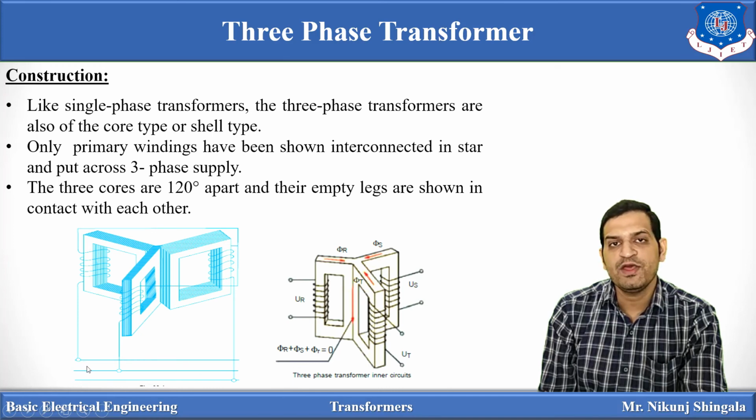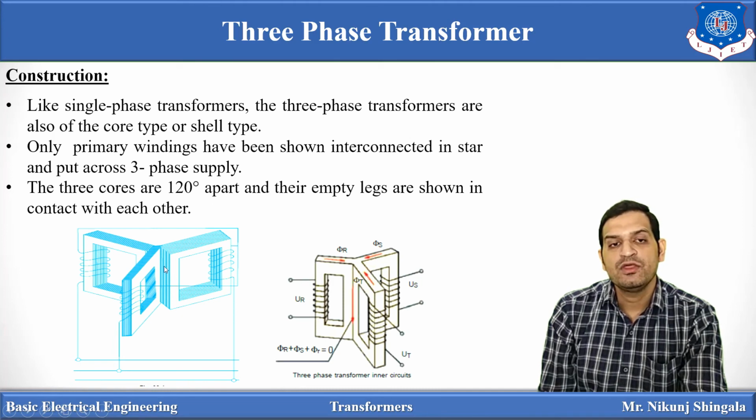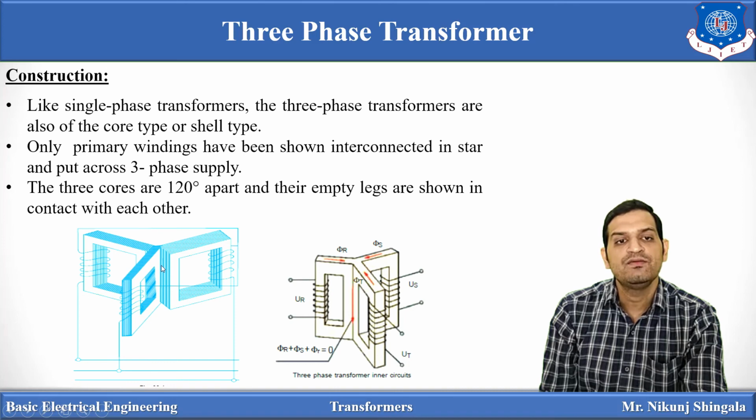Across this three-phase winding, a three-phase supply is given, and we know that in a three-phase supply all the currents are 120 degrees apart. Here the cores are also 120 degrees apart, and this is a common leg, an empty leg which does not consist of any winding, which is common for all these magnetic circuits.